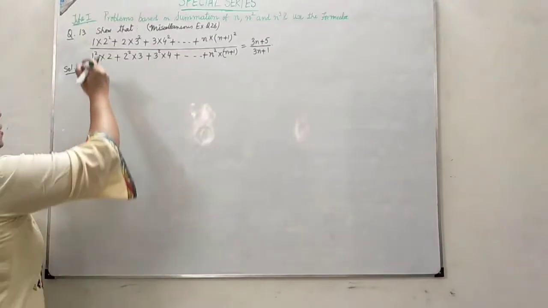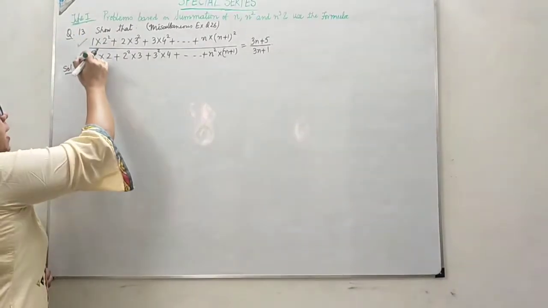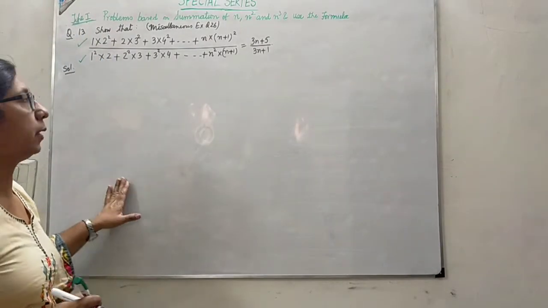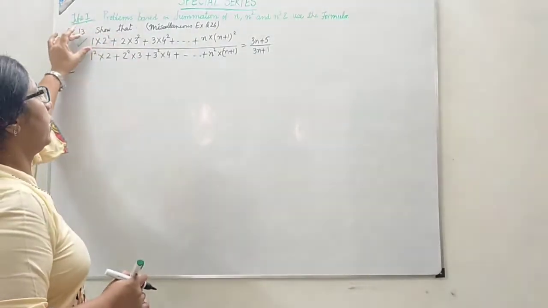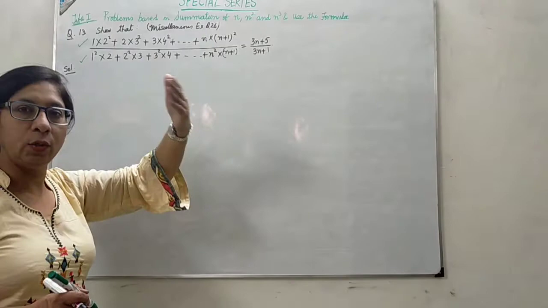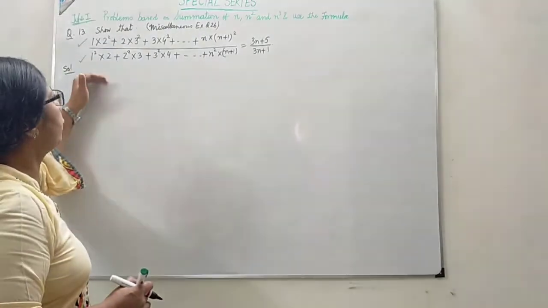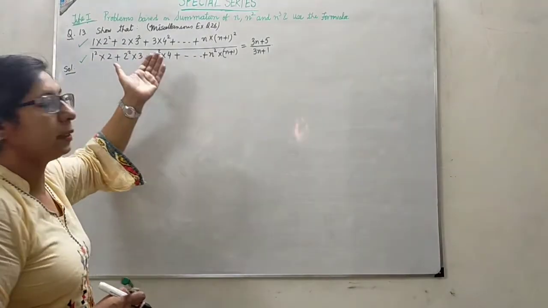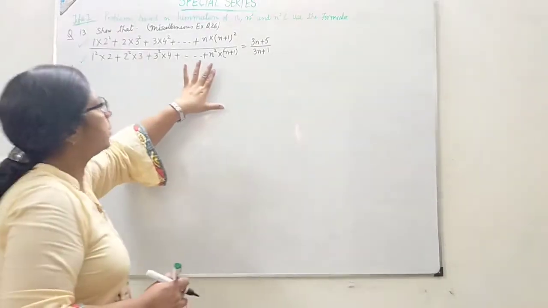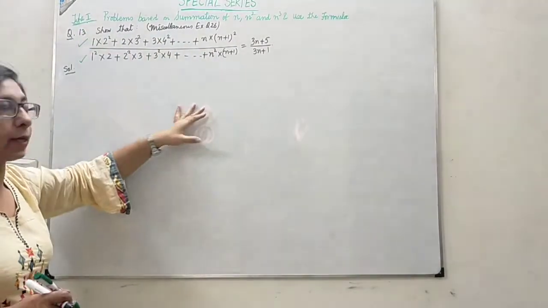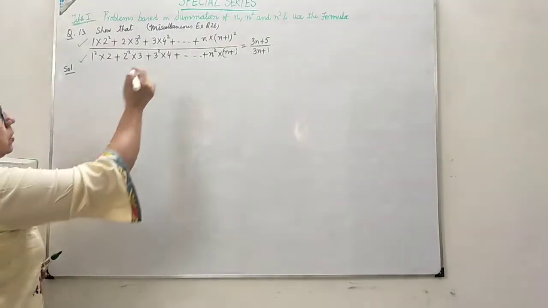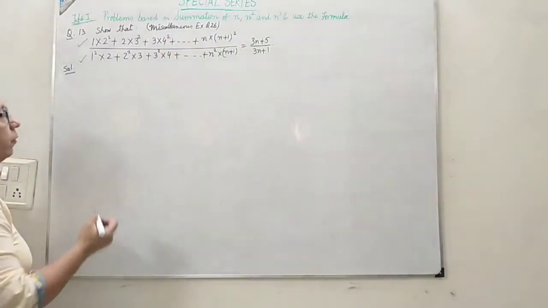You can see there is a series in the numerator as well as in the denominator. These are two separate series, and we can find the sum of the series in the numerator separately and the sum of the series in the denominator separately and simplify. So this is a double question, so it may come for 6 marks even in exams. It is a miscellaneous NCERT question.